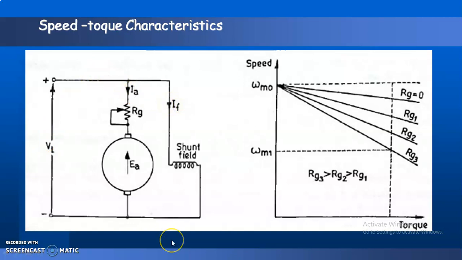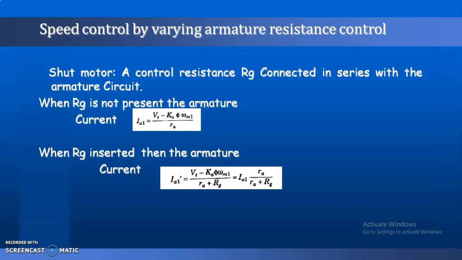Now when we are not inserting the external resistance in the circuit, the first armature current, suppose Ia1, is Vt − Ka φ ωm1 by Ra. Here ωm1 is the first speed.